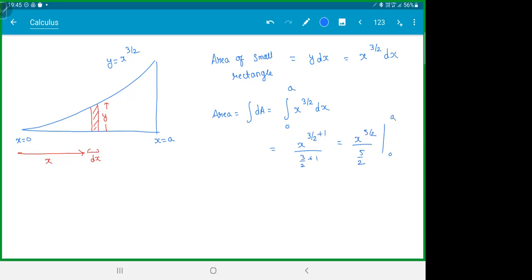Limit 0 to a. 2 by 5. Substitute a ka value, a power 5 by 2 minus 0. This is 2 by 5, a to the power of 5 by 2. But this is not the answer. Total area will be double of this because there are two strips. So 2 into 2 by 5, a power 5 by 2. Check. You have to double that because there are two strips.